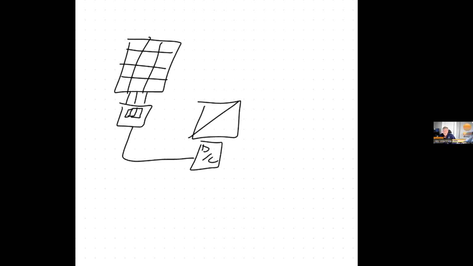Problem is when it comes to your MPPT. Remember the MPPT, the maximum power point tracking of this system. At this point, the minute we made that a parallel connection, now the entire array is behaving as a single unit. So if I get shading over here, it's going to affect the whole thing.